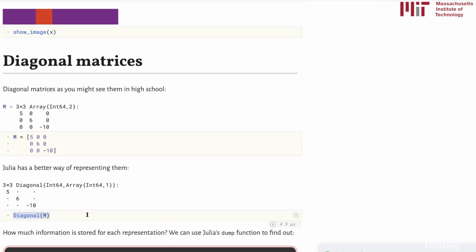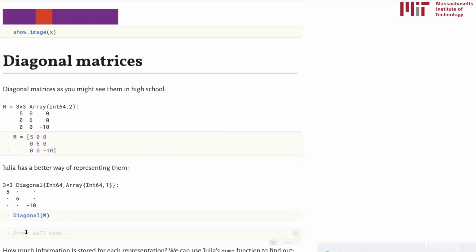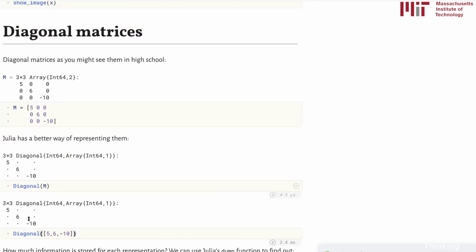You could, of course, directly create a diagonal matrix in Julia, but I've created a general matrix, and I'm going to now store it as a diagonal. Maybe it's good to show you that you could have directly built a diagonal matrix with a syntax like this, and then, of course, you never would have wasted memory in the middle of this operation.